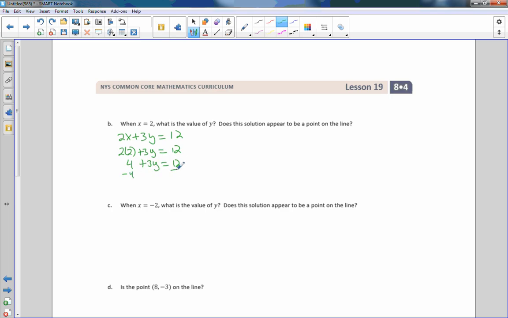Subtract 4, subtract 4. And I get 3y equals 8. Divide by 3, divide by 3. So y equals 8/3, which is the same as 2 2/3.